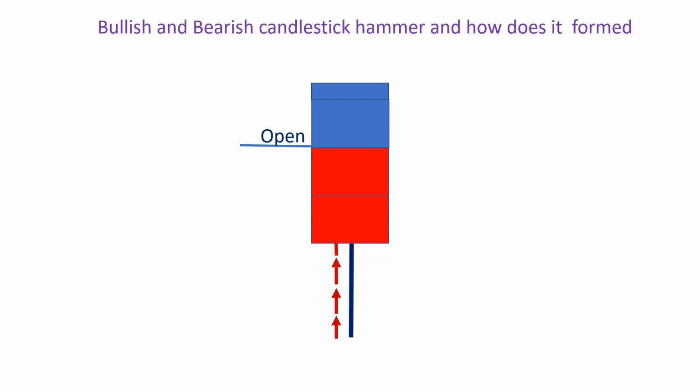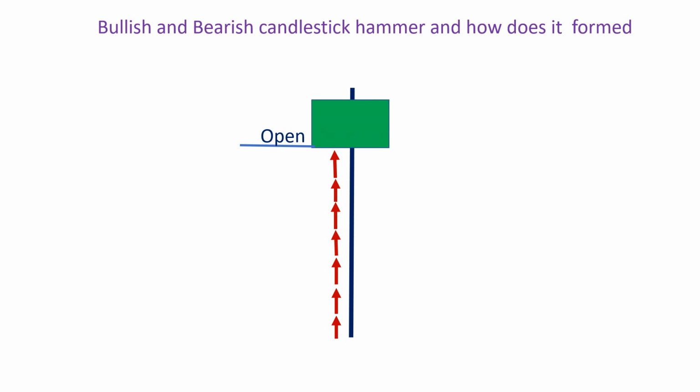The buyers push the price up and up again and more, and it even passed the open price and goes up even more. And finally it got rejected by the small presence of sellers. So you see how much is the power of buyers in this candle.